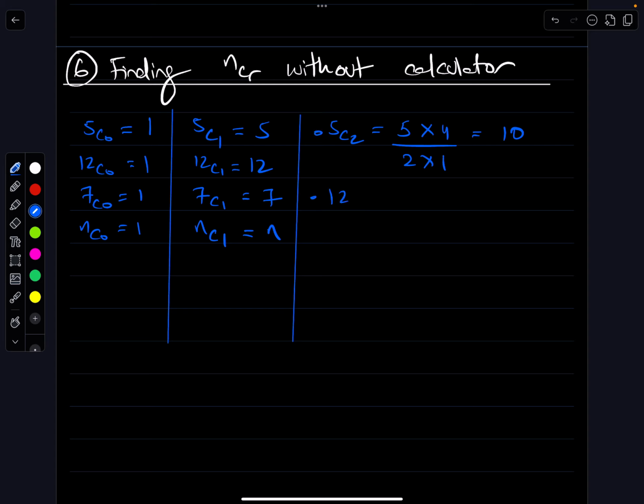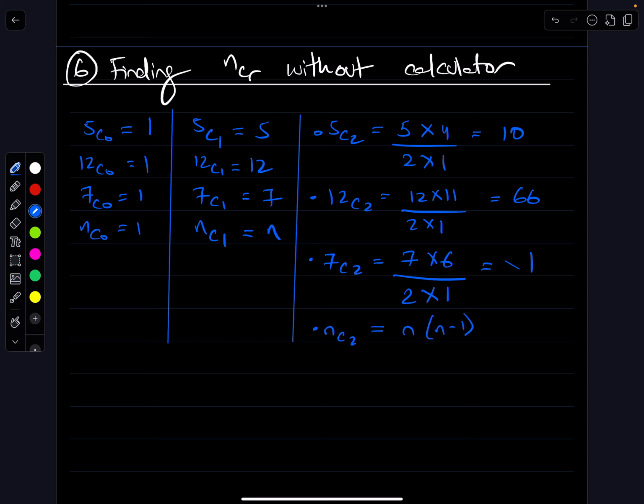Similarly, if you have 12C2, so 12 multiplied by 11, 12 minus 1 that is, and count down, and this turns out to be 66. If you have 7C2, 7 multiplied by 6, counting down, and this turns out to be 21. Thus, nC2 would be n into n minus 1 over 2 into 1.